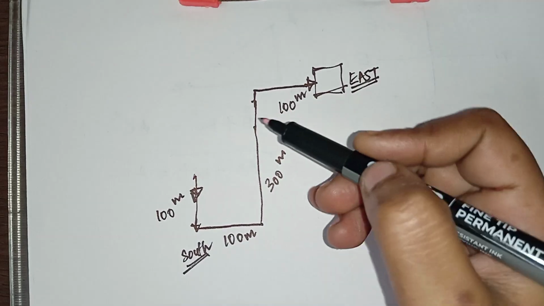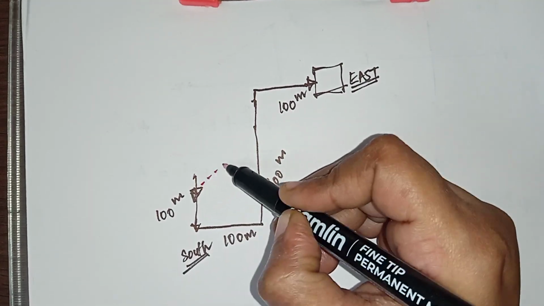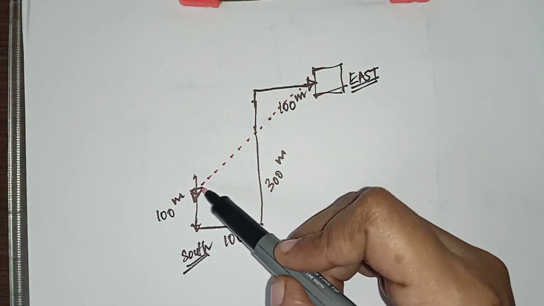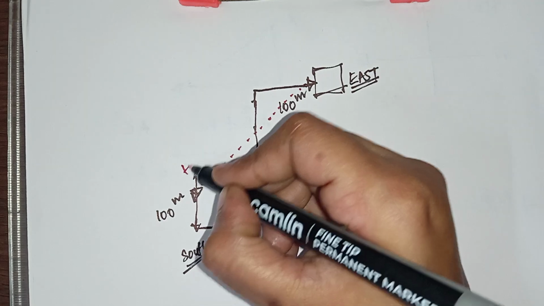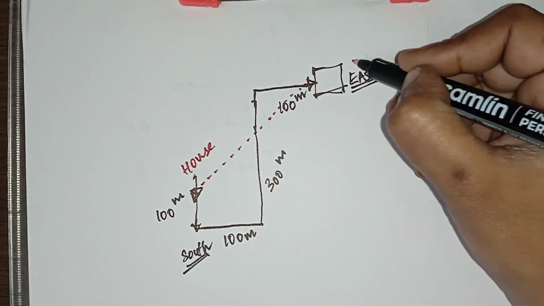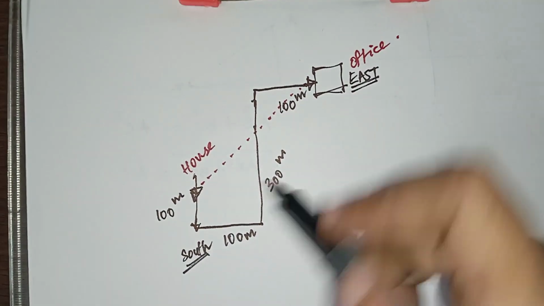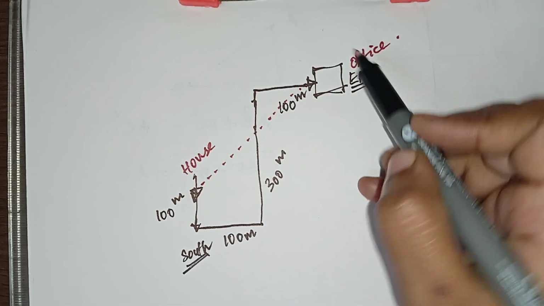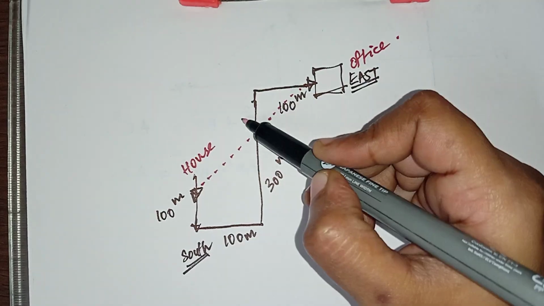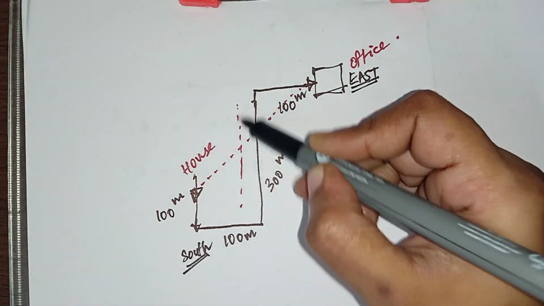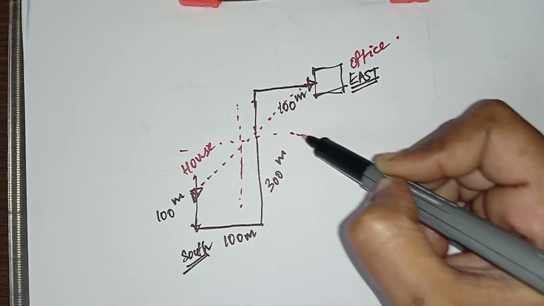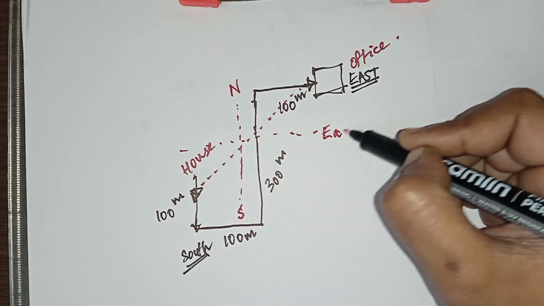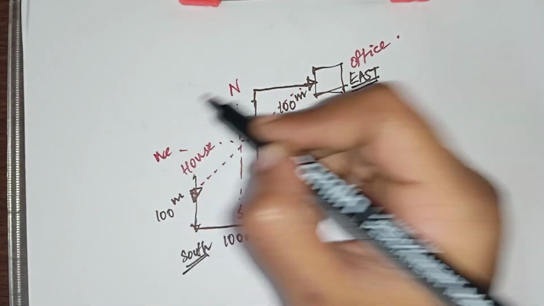So in order to get the position on the map, we will draw the direction before drawing the connection. With respect to his house and office, if you can see clearly, if you take this as the direction, this is your north, this is your south, this is east and this is your west.